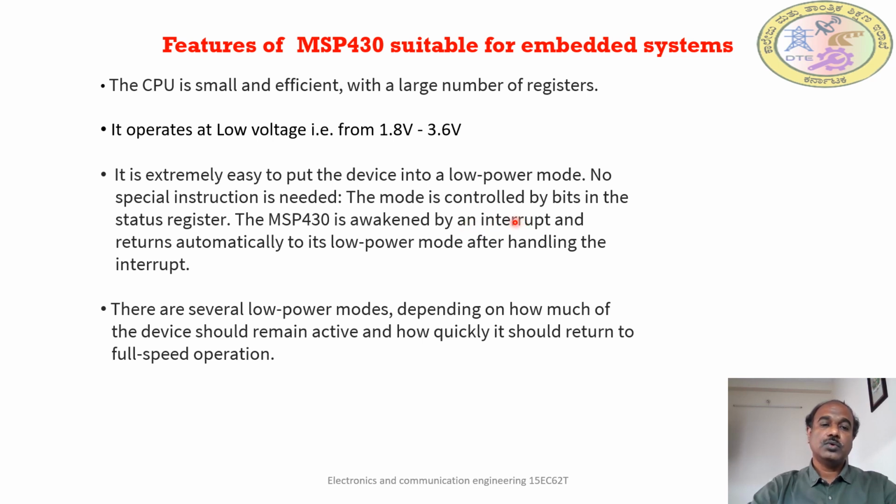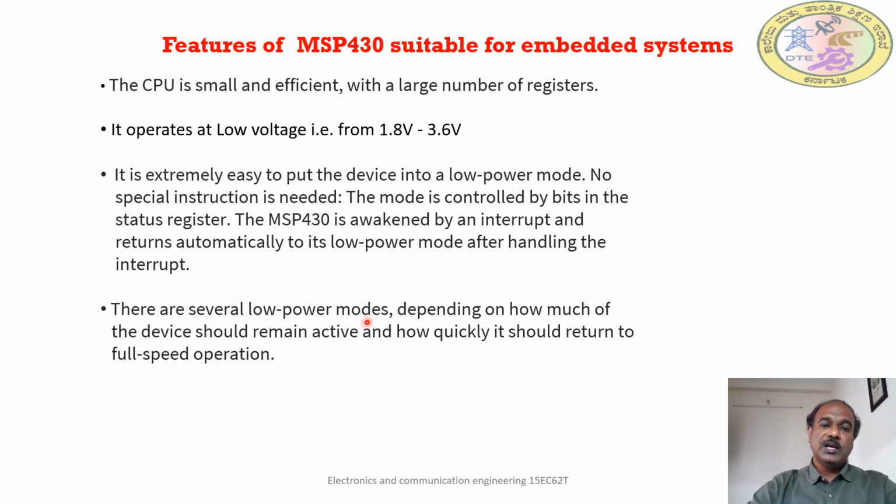You should just go to the status register. There are two bits which decide the low power mode of this MSP430. By either setting or resetting those bits in the status register, we can easily put this MSP430 into the low power mode.